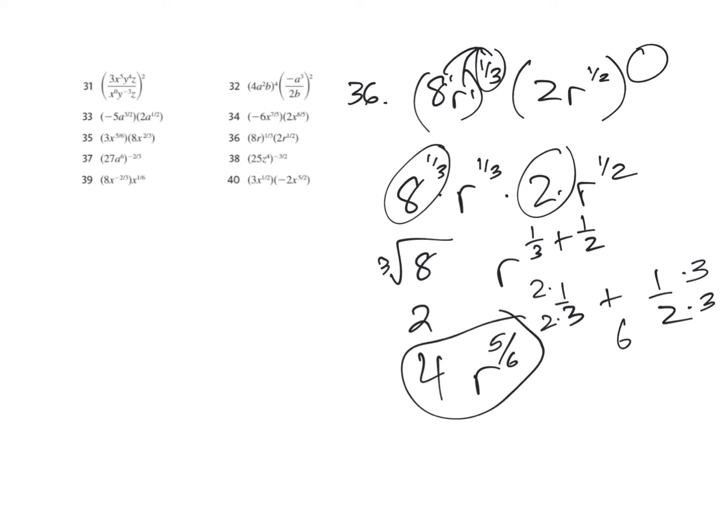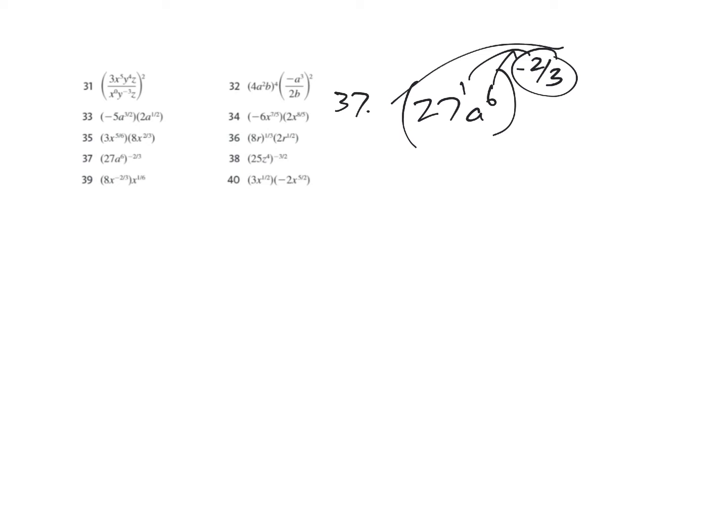Alright, 37. Okay, 27, a to the 6th, to the negative 2/3. Alright, distribute the negative 2/3 in. Alright, before we do that, I told you if you have a negative exponent on a parentheses, you need to move that whole thing to its opposite position to make it a positive 2/3.